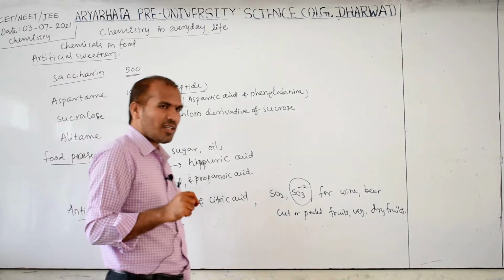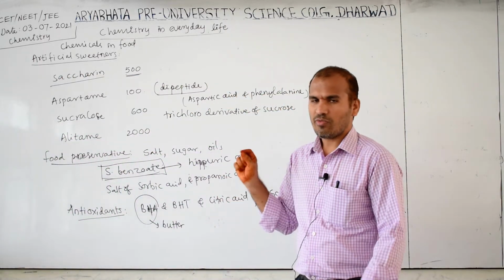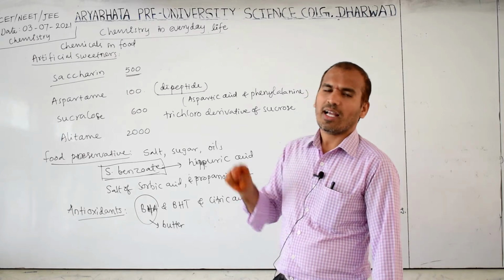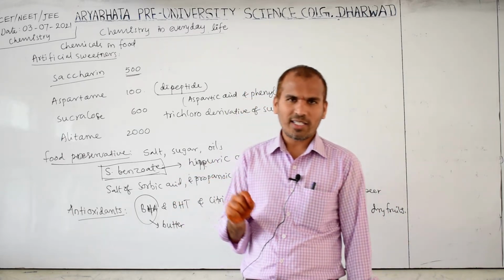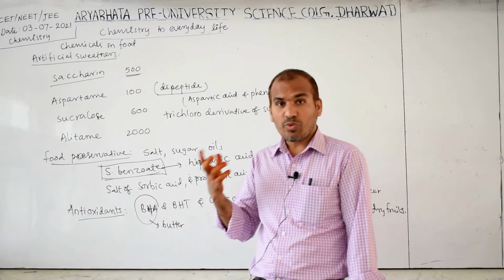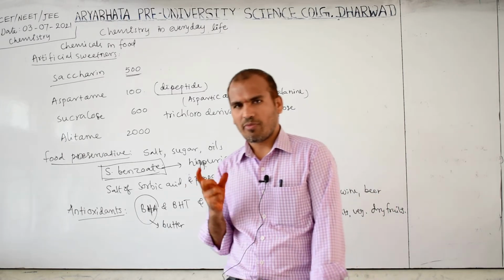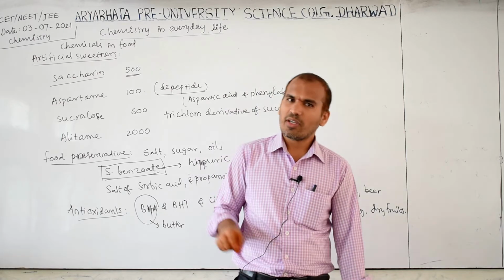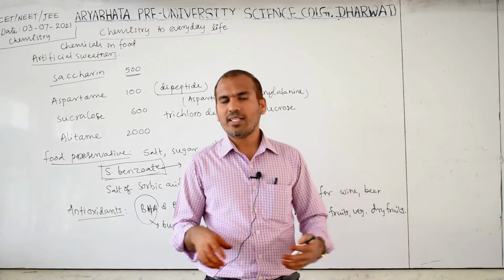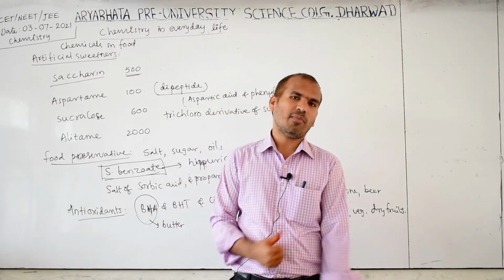So these are the chemicals in food. Other than this, what are there? Colors will be there, stabilizing agents will be there, flour improver will be there. Now you may be seeing that maida flour is white color because that color is improved by adding some chemicals.